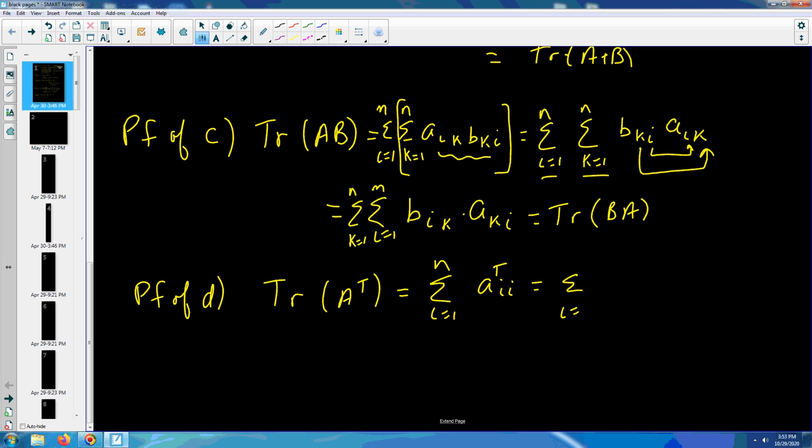Now, if I switch the row and the columns, I get A, and I also get II. Switch I and I, you still get I and I.